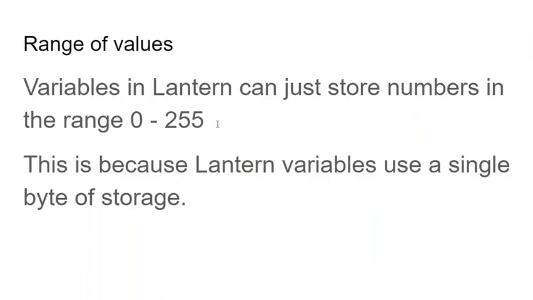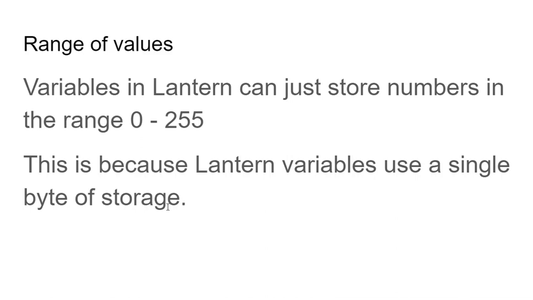Now, range of values. This is another limitation imposed by the fact that Lantern is trying to target these ancient computers. And also, I was lazy and just trying to get this thing cranked out as fast as possible. So Lantern variables can only store a number between 0 and 255. This is because variables are stored as a single byte of data, 8 bits, 8 ones and zeros.